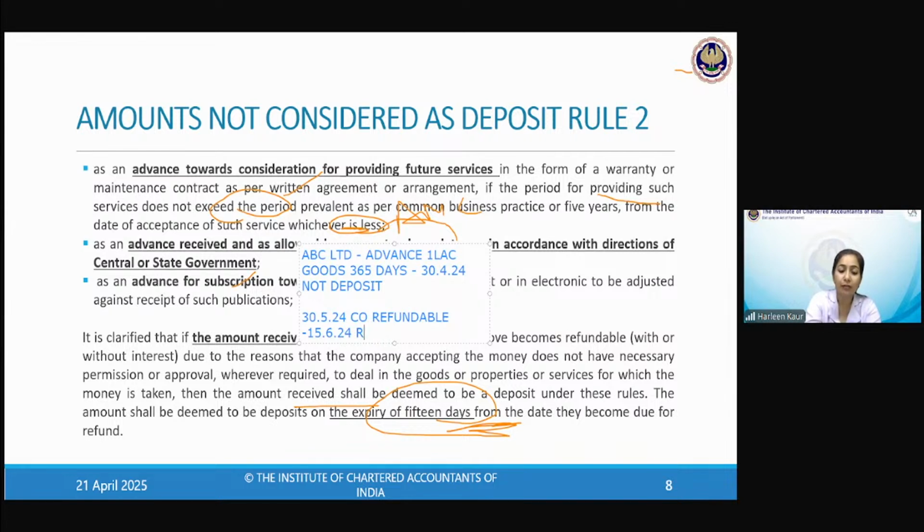If it is not refunded till 15th June, then this amount shall be treated as deposit. Everyone is clear on this? So all the clauses which are falling under A, B, and D, wherever the amount becomes refundable, and you have not refunded that amount within 15 days, you have to refund that amount. If you fail to refund it within 15 days, then it becomes a deposit.